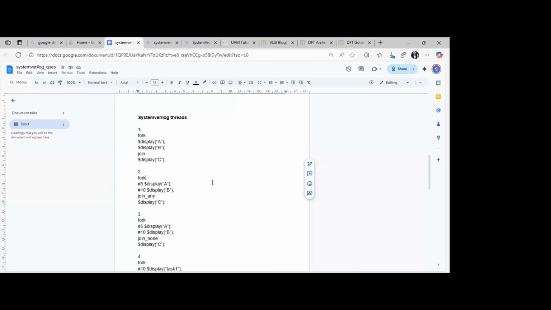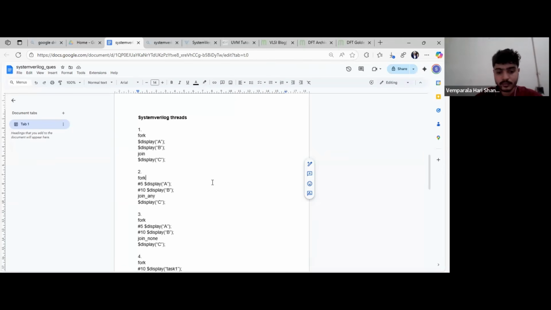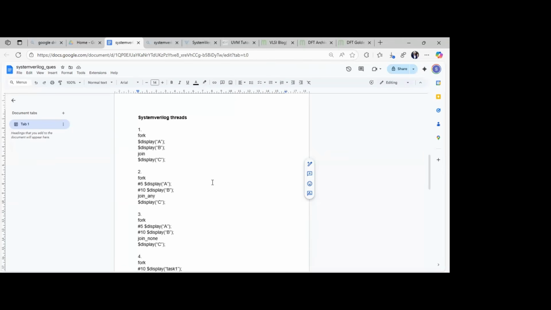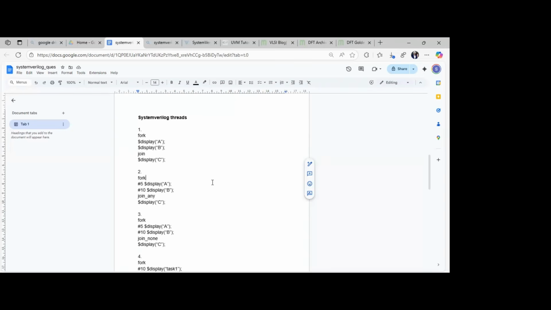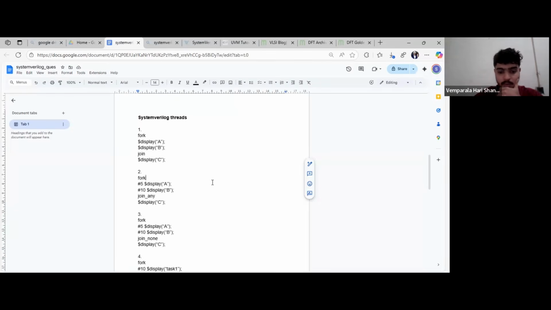Yes, ma'am. So in fork join any, the parent resumes after the first child finishes. That's it. In fork join none, the parent will be executed after the two child classes are executed.